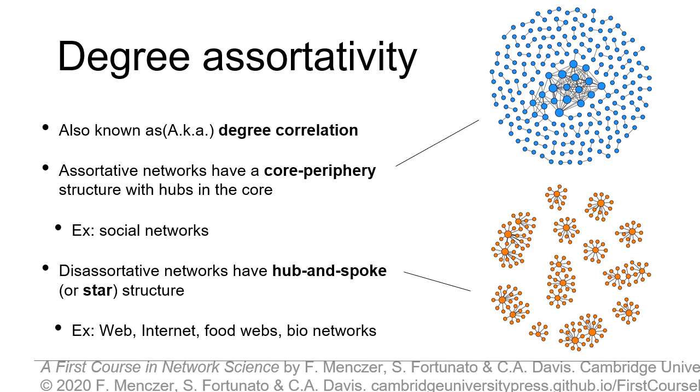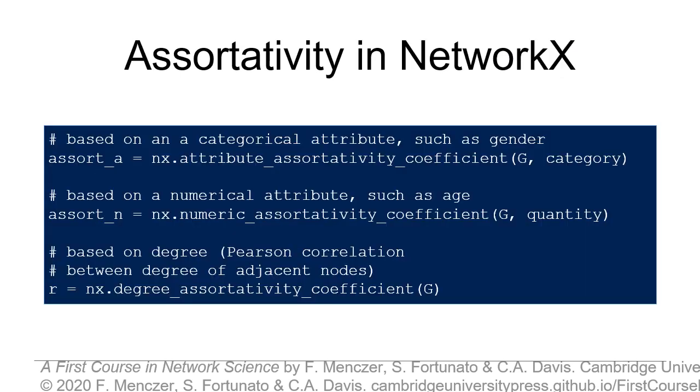However, social networks have an echo chamber effect, so they show the associativity property. You can also measure associativity or dissociativity with the NetworkX associativity coefficient function. You can calculate this dissociativity measure. Try this function.